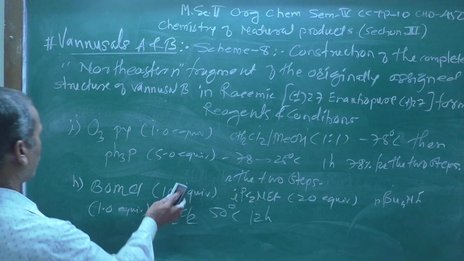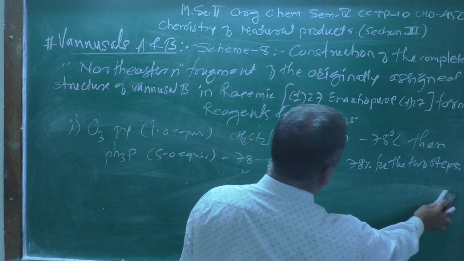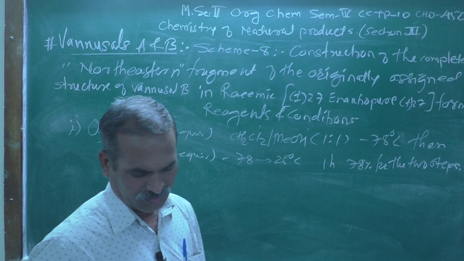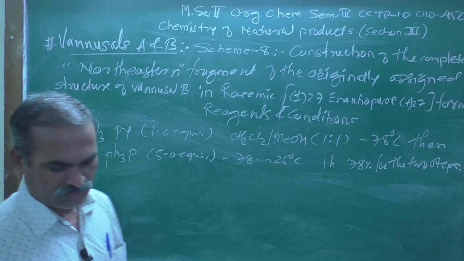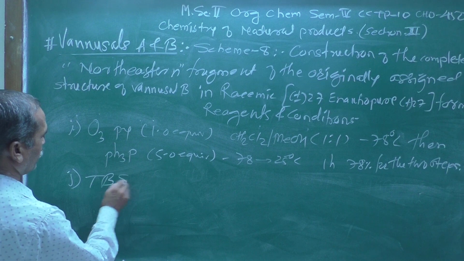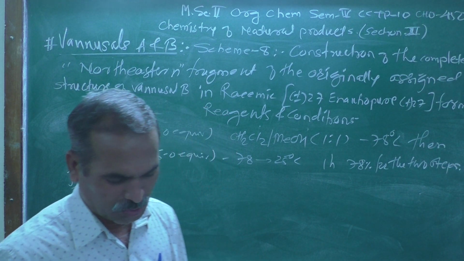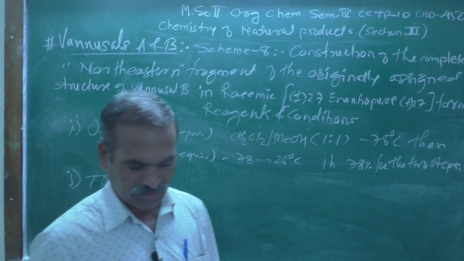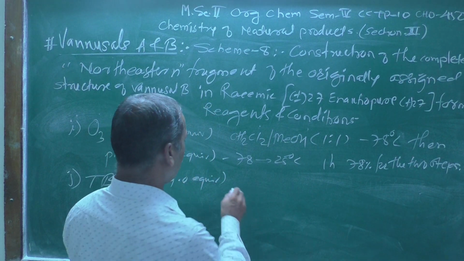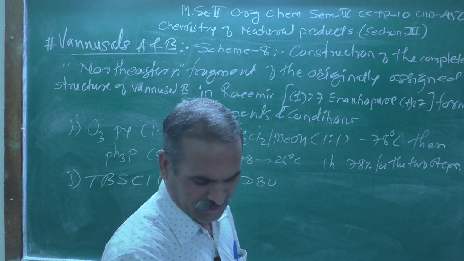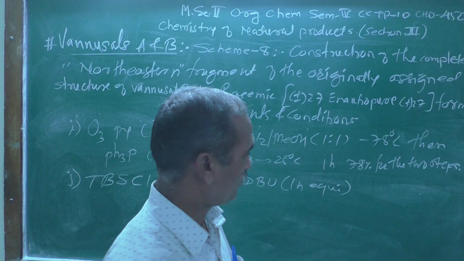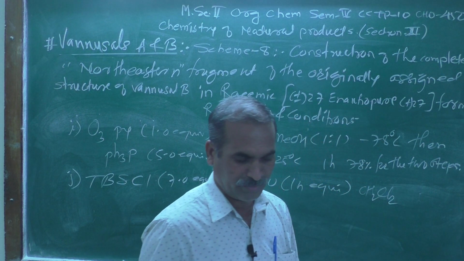Now the next reagent used is Z. Now Z is nothing but TBSCl, that is tert-butyldimethylsilyl chloride, which is a protecting group, about 7.0 equivalent, and DBU, which was taken near about 14 equivalent in presence of CH2Cl2, dichloromethane.